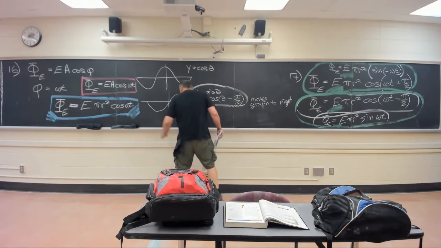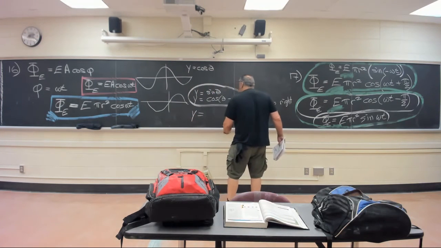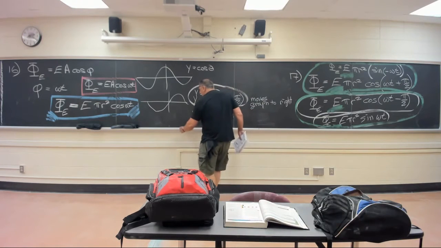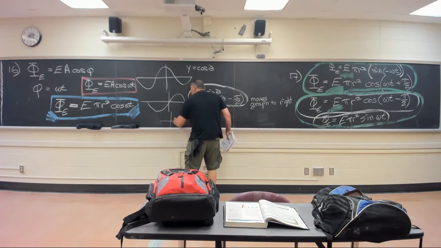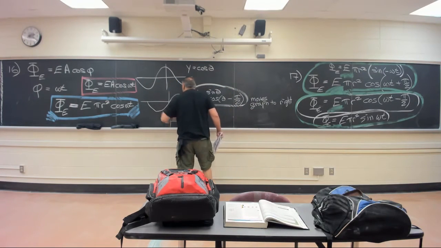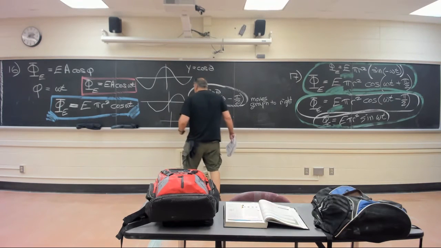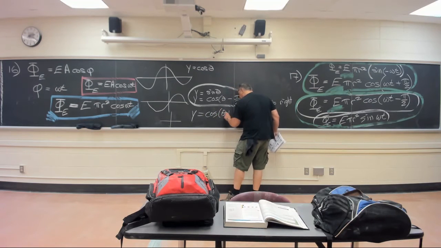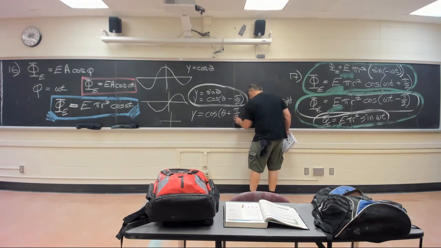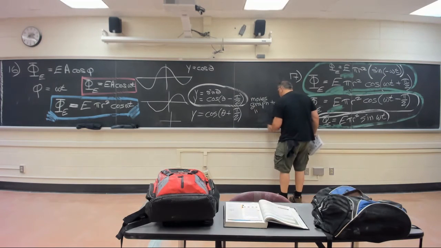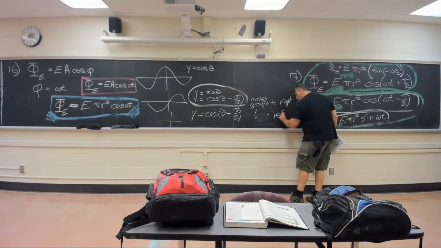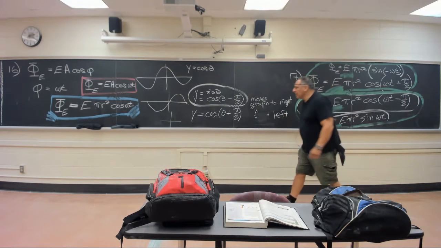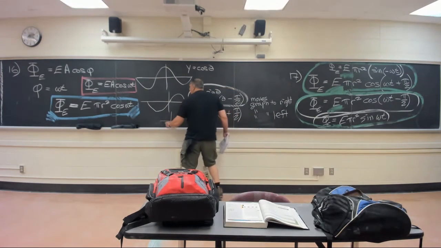If you were to move this guy backwards, have everything occur earlier, then you're going cosine theta plus pi over 2, and that moves the graph to the left. And that is simply, it's not this.